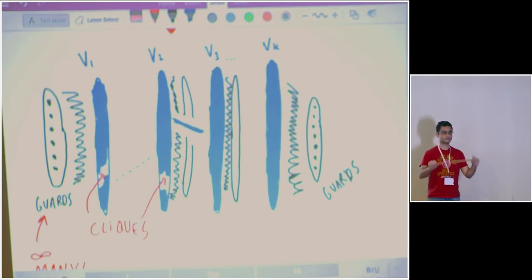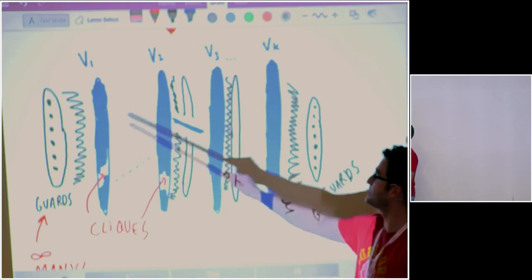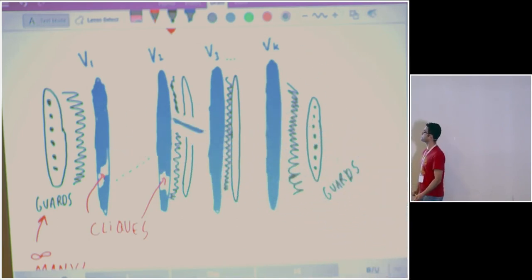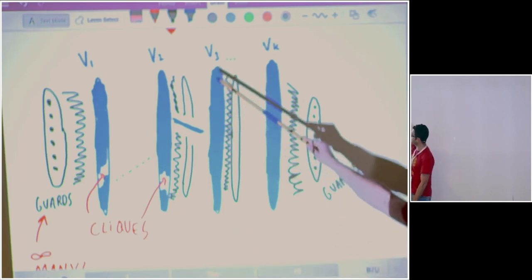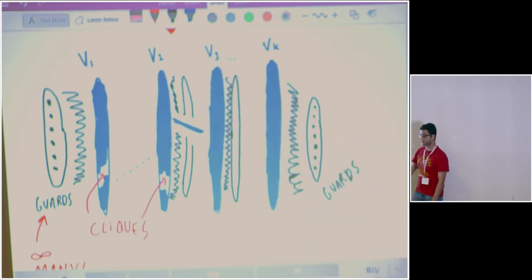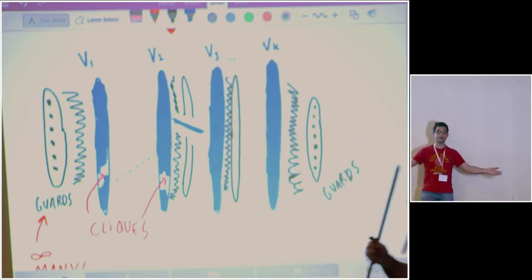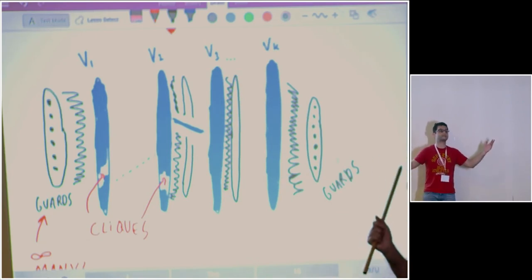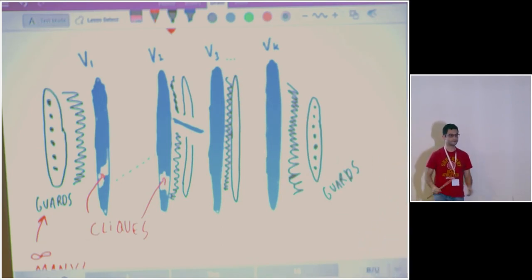Okay, so in particular, either there exists a clique, in which case I can find an independent dominating set, or there isn't, which means that in any solution, for at least one of my vertex sets, I needed to have picked all the guards, and the ratio between the number of guards and k, I can make that as big as I want.